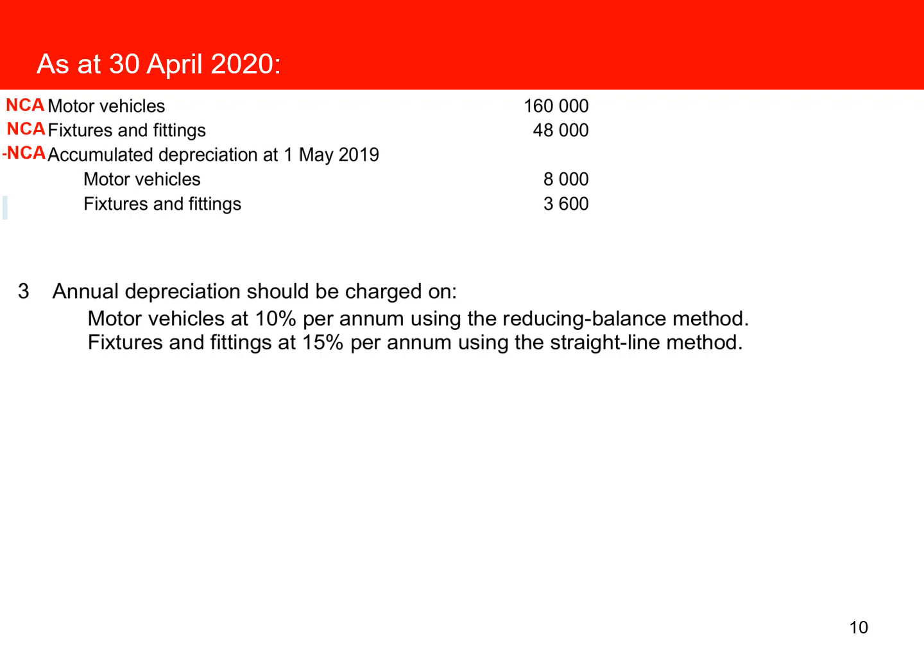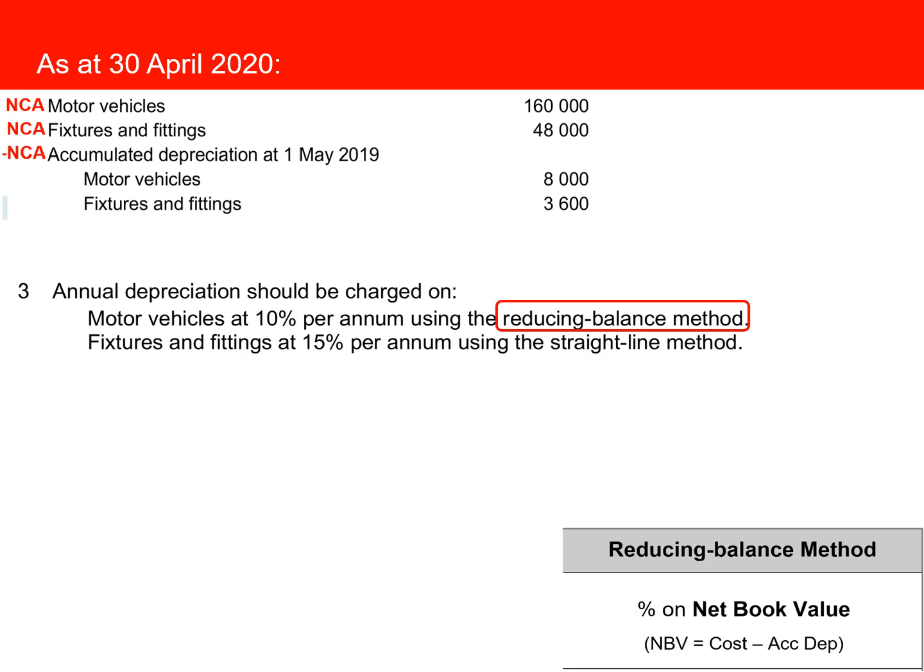Okay, next we move on to depreciation. You have learned two methods of calculating depreciation. In the first part of the question, they ask you to use reducing balance to calculate depreciation for your motor vehicle. So recall the formula for reducing balance.